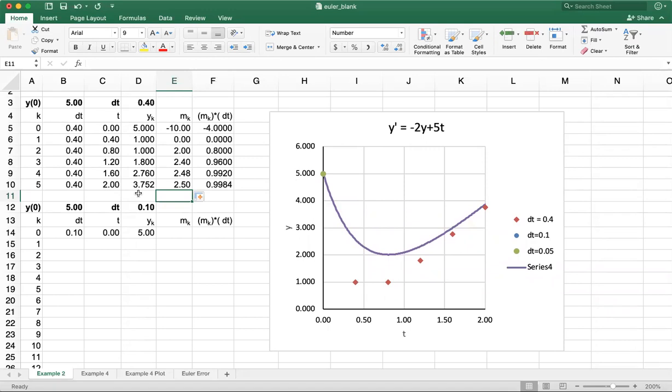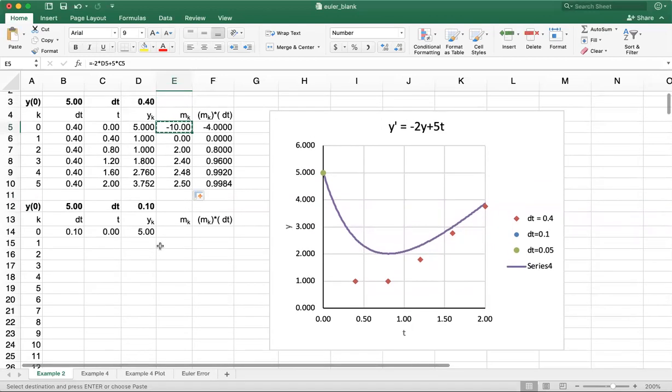Okay, now I've set up this work. I would like to repeat this work and not have to type all these things in again. So this formula for slope, I put it in here. Now I'm going to let delta t be 0.1.